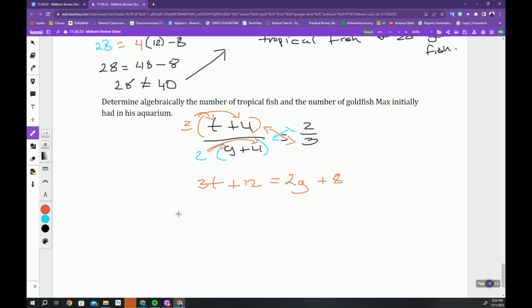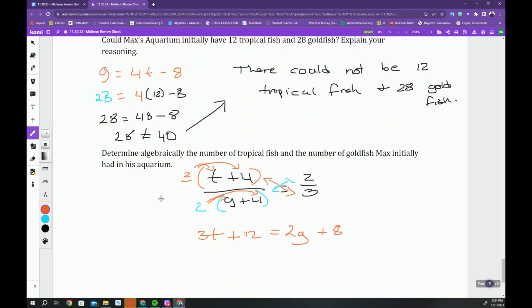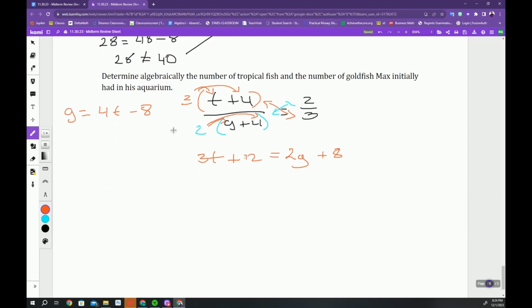Okay, now we're going to solve using substitution. If you remember, one of the original equations is G equals 4T minus 8. We can plug this in for anywhere we see G in the equation. So 3T plus 12 equals 2G plus 8.